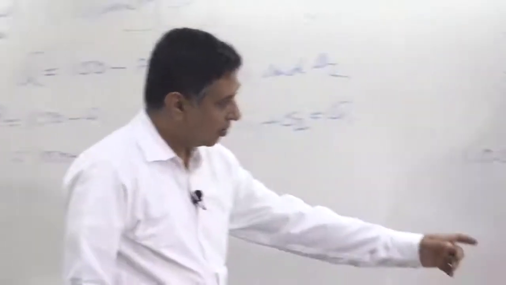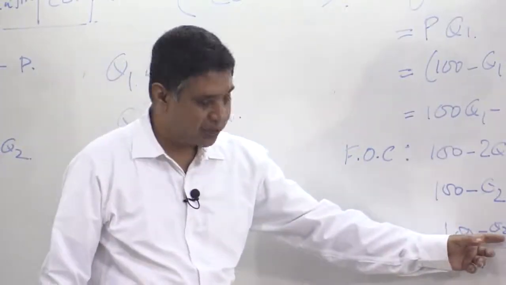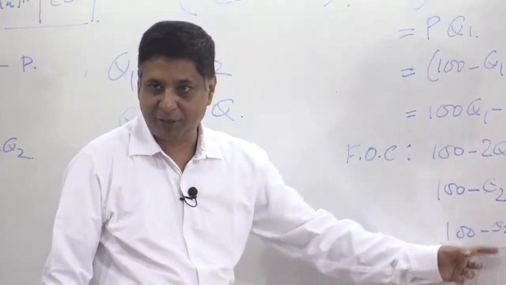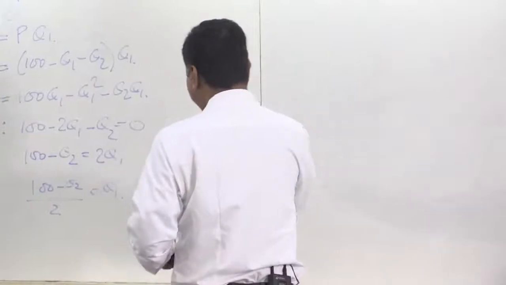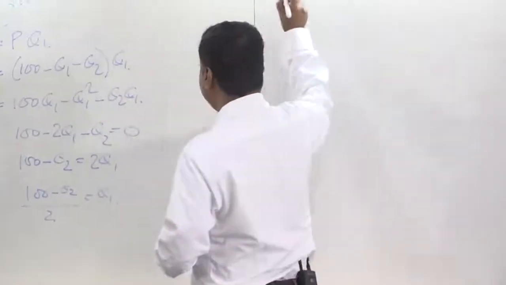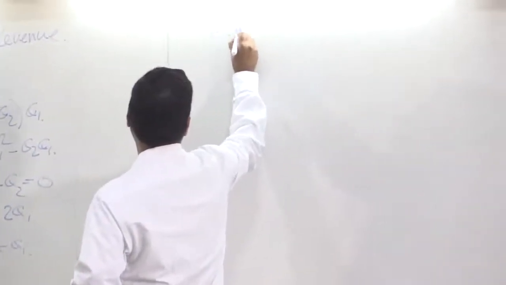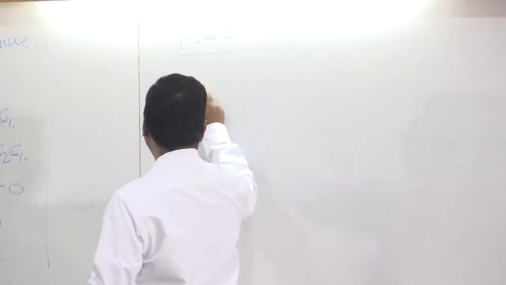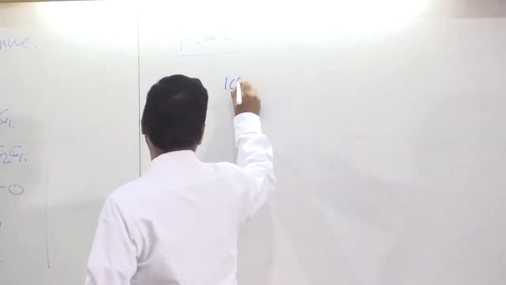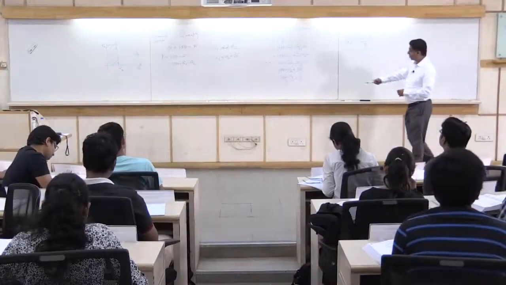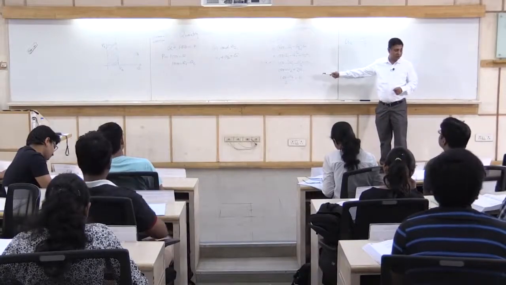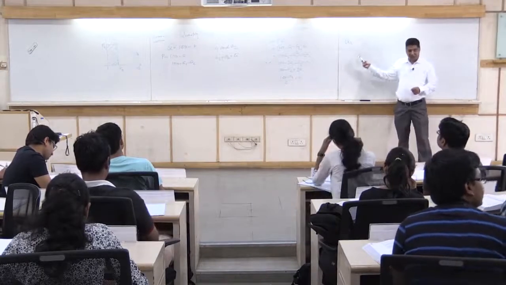So, if Q2 is equal to 80, 100 minus 80 is 20, divided by 2, then I would sell 10. And then of course, you can do the same thing with firm 2. You will say Q2 is equal to 100 minus Q1 by 2. Go through the same process with firm 2 and you will get exactly the same thing.